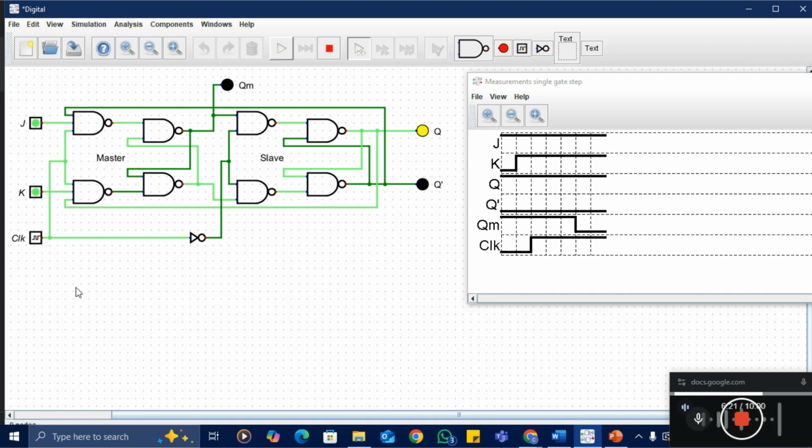Now I am changing the clock to 0. So what happens, we will see. When this is 0, the entire master will be inactive, so it maintains the previous state.